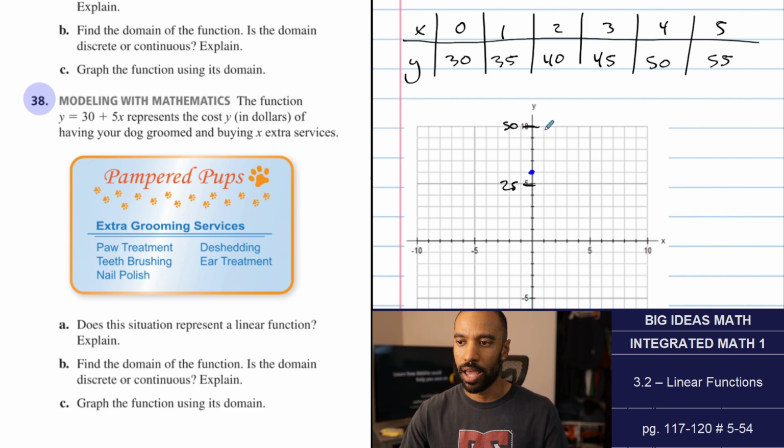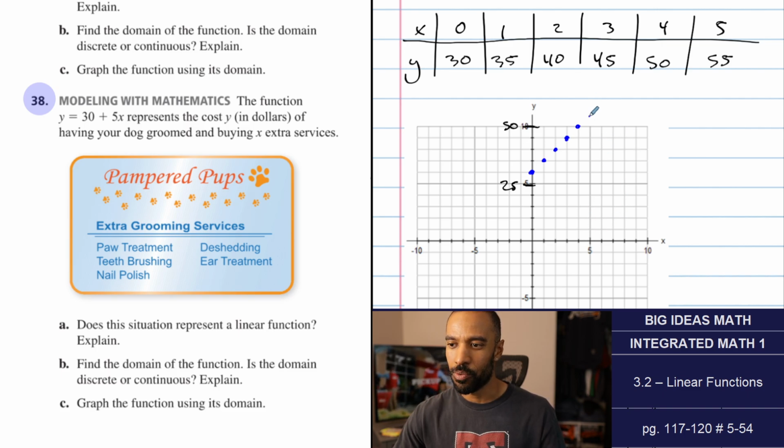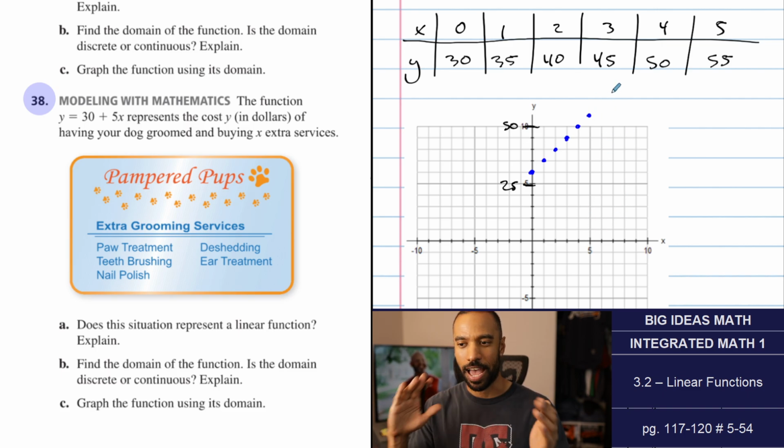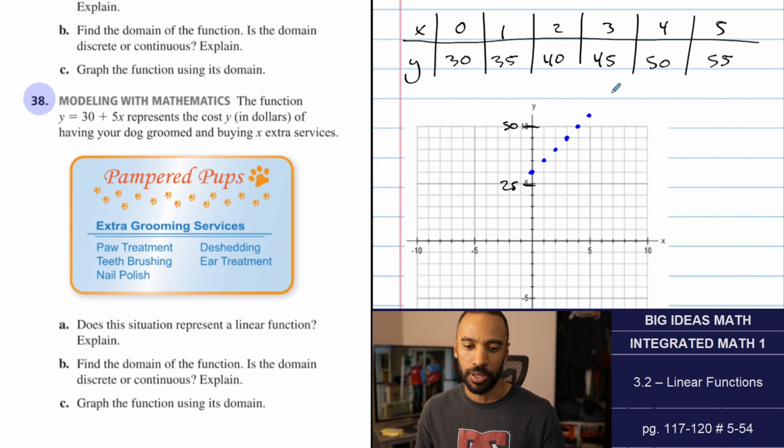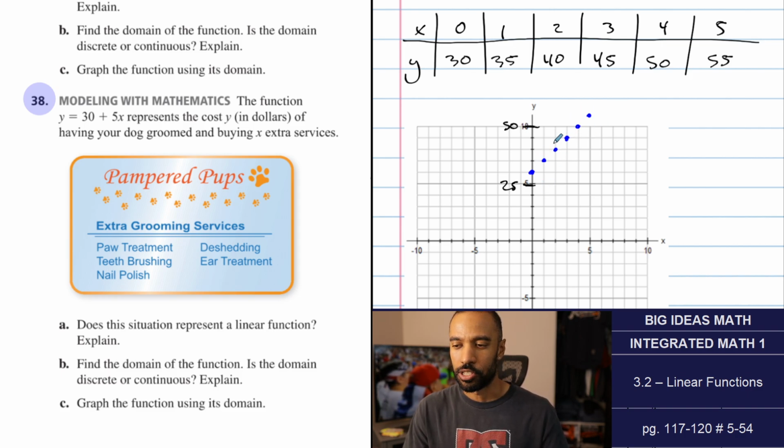When x is 1, y is 35. 35 and 40 and 45 and 50. And I can count all the way to 55. There it is. Now, I'm not labeling the points, but if you'd like to, go ahead. But those are the ones that I have represented for this. You do not connect the dots. This is your domain. Straight up. We're all good.